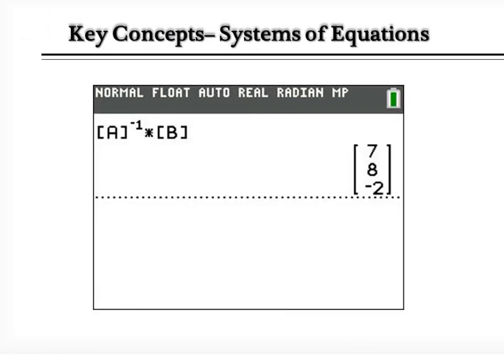I cleared my screen by pushing second, quit. I'm multiplying the inverse of A times B. I pressed enter, and this time my point of intersection is 7, 8, -2. So it's done the same way, only change the size of the matrices.